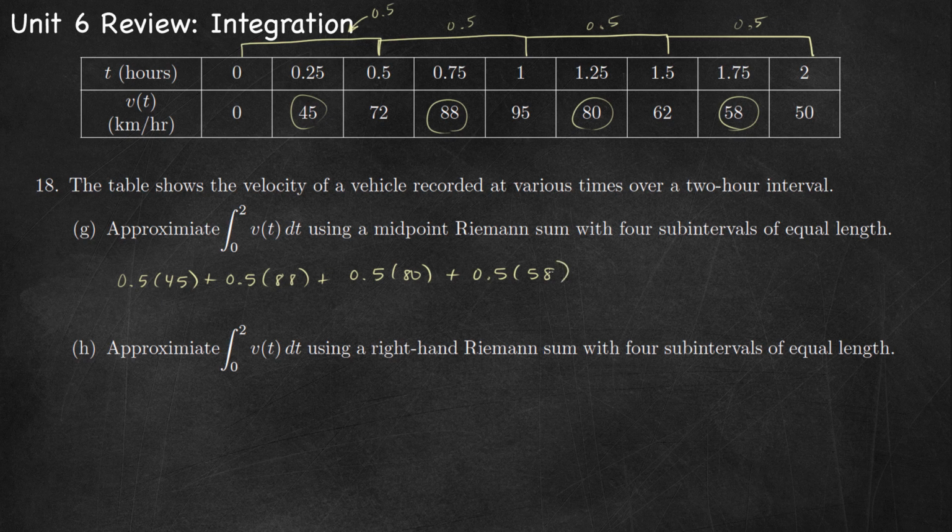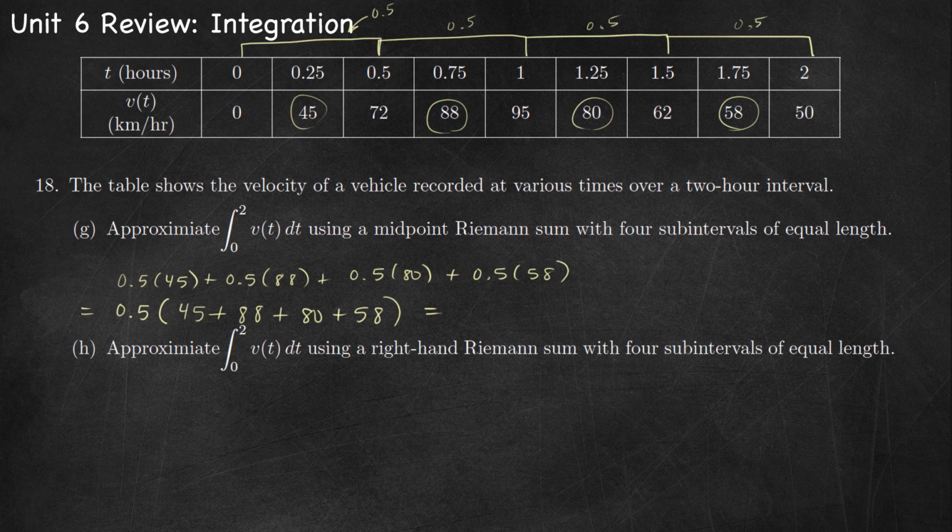Now, if you had noticed that they were all going to be multiplied by 0.5, you could alternatively have just said 0.5 times, essentially factoring out the 0.5, (45 plus 88 plus 80 plus 58). It makes for fewer button presses when we have to calculate that.